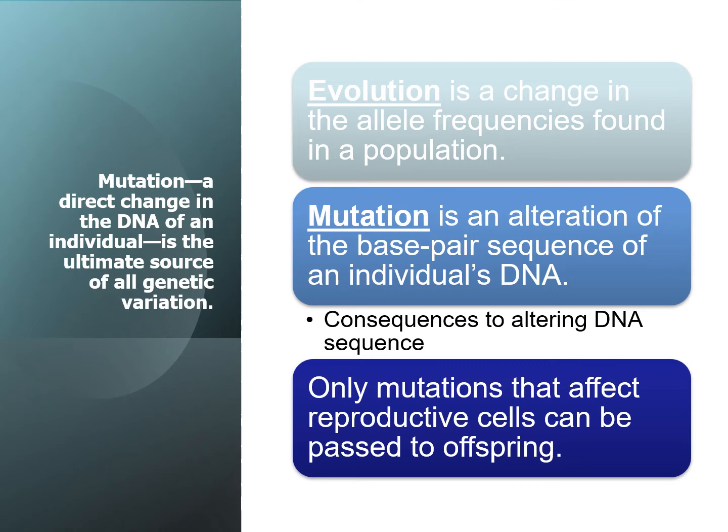Because evolution is a change in the allele frequencies found in a population, mutations are going to alter the base pair sequences of an individual's DNA, and sometimes those mutations can be really good things, where an individual is more reproductively successful, and therefore their alleles are going to be passed on, and those alleles will increase. So hence evolution and the way you want it to go.